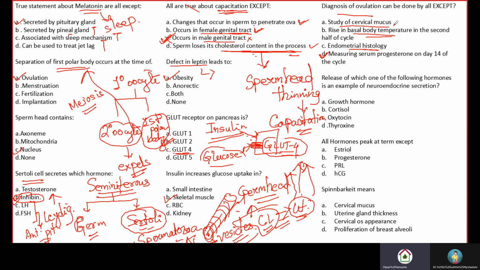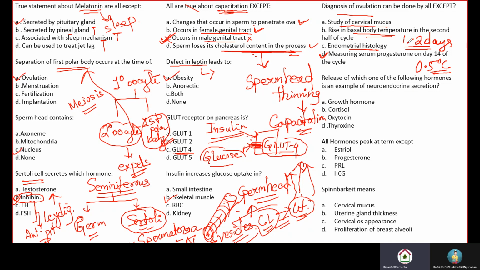This is another very good diagnostic method of ovulation. The rise will occur 1 to 2 days after ovulation, and always remember, a maximum of 0.5 degrees Celsius will be increased.